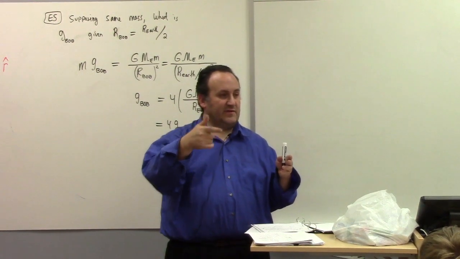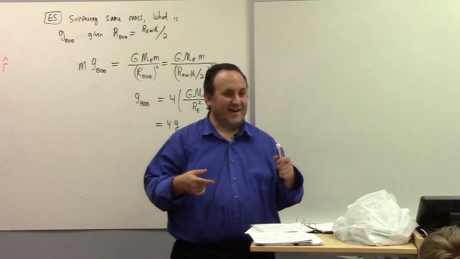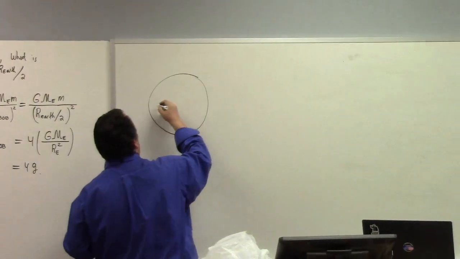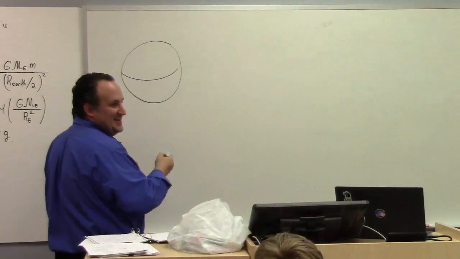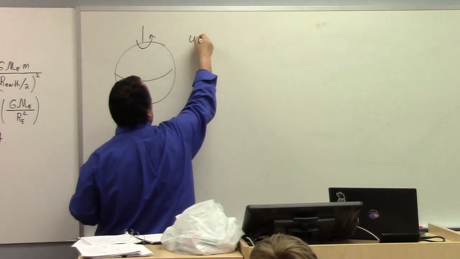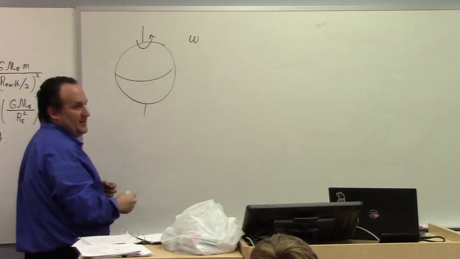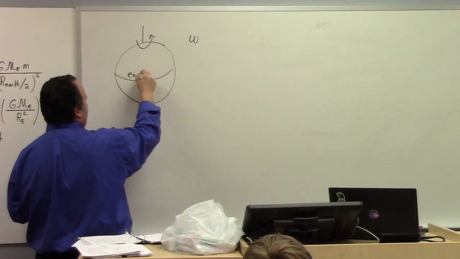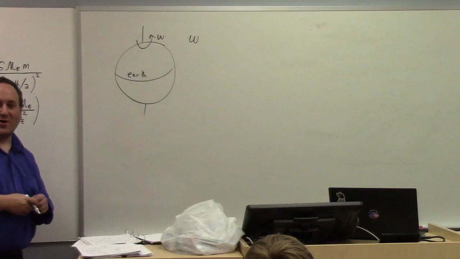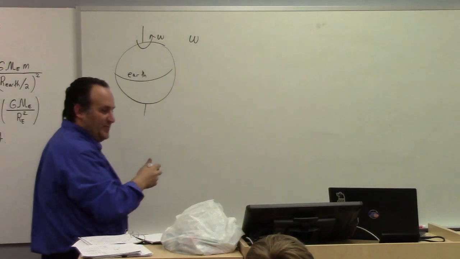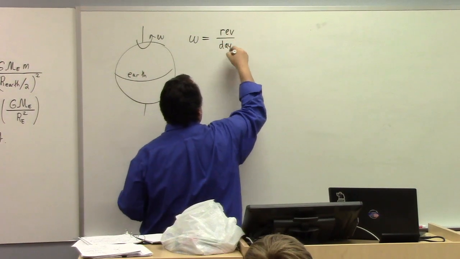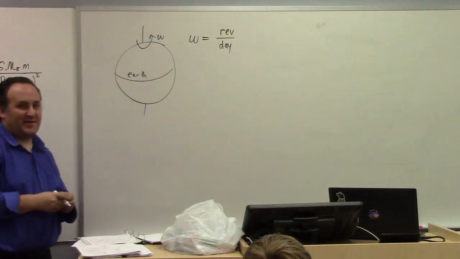Right. And what is the orbital speed of the Earth? One astronomical unit would be incorrect. If we drew a picture of the Earth, it has a rotational speed around its axis, omega. What's omega here? One revolution per day, that would be correct. Can we put this in more useful and common units?